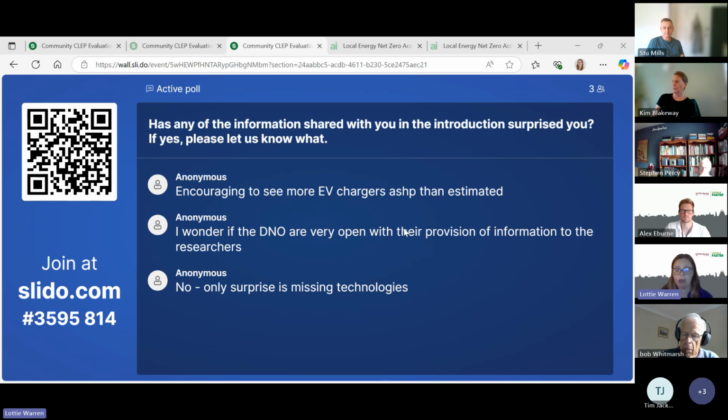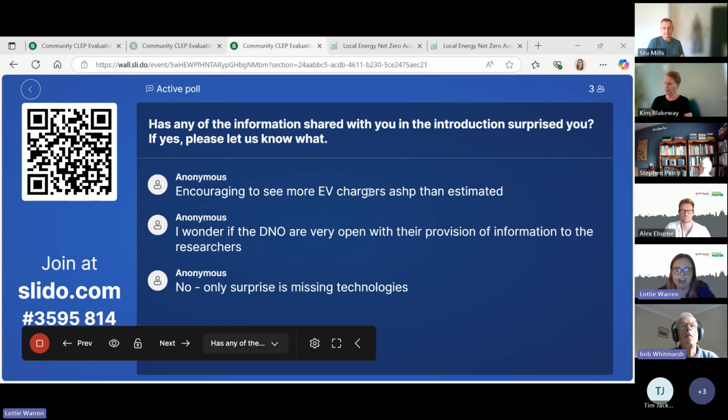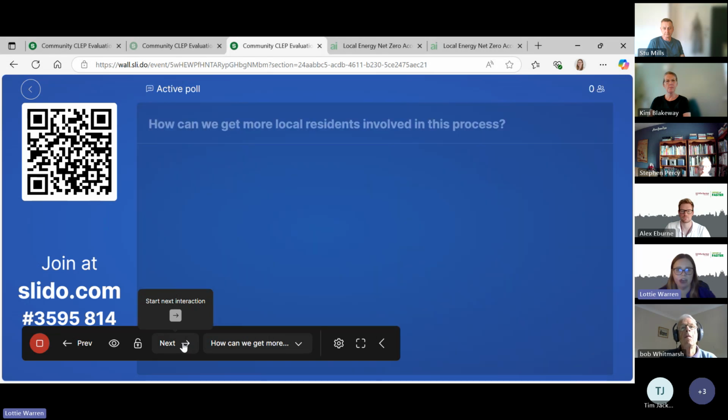They're also a key partner in this project. So if anything comes up that we think would be really useful for us to have at the workshops, we've got really great lines of communication with them. So hopefully we can get that. And yeah, encouraging to see more EV chargers and air source heat pumps than estimated. It's really encouraging and shows that we are moving in the right direction, which is great news.